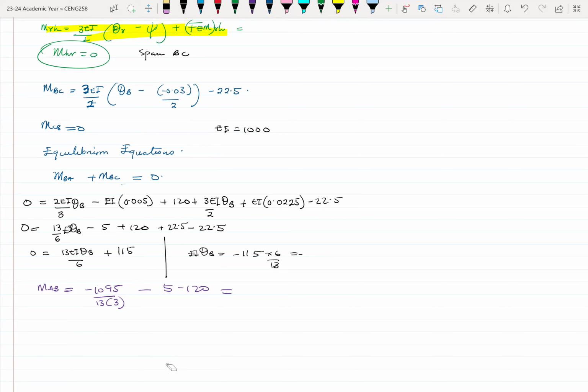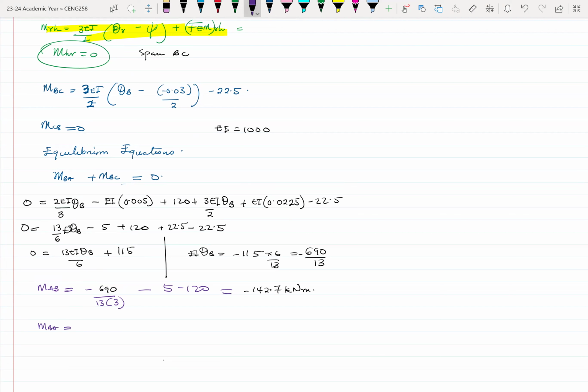So I got the right answer. So this will give me minus 690 over 13, right? So minus 690 over 13 times 3 will give me, I think, minus 142.7 kilonewton meter. So that's for the MAB. Now let's try MBA.